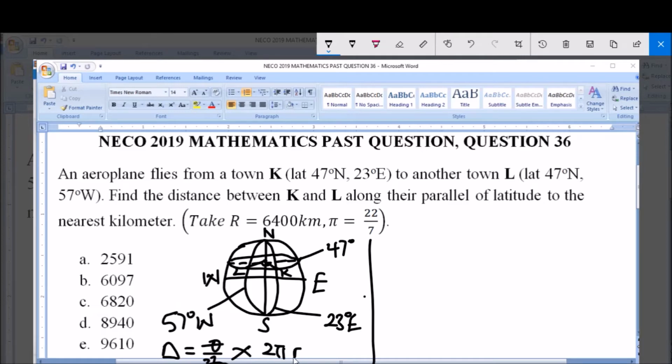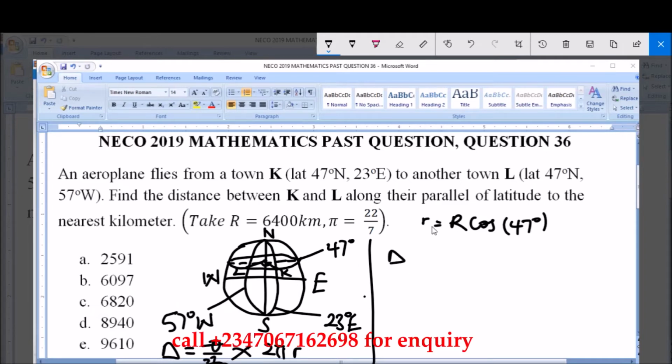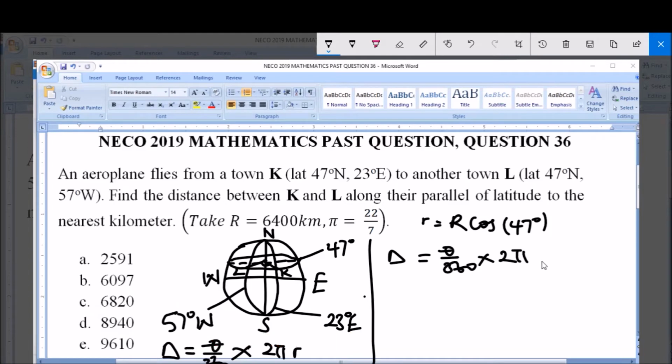But this small r is equal to the radius of the Earth, capital R, multiplied by cos of the latitude given to us, which is 47 degrees. Therefore D, the distance between town K and town L, equals theta over 360 multiplied by 2 pi, open brackets, R cos 47 degrees.